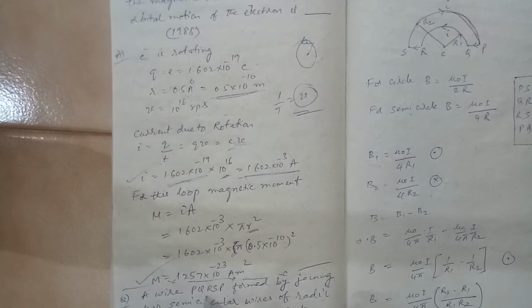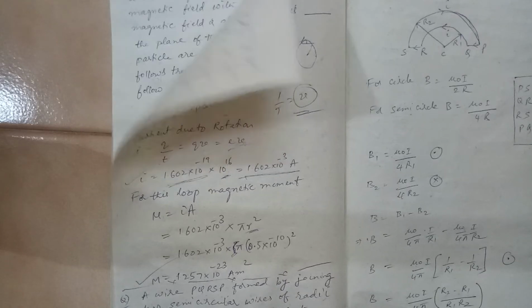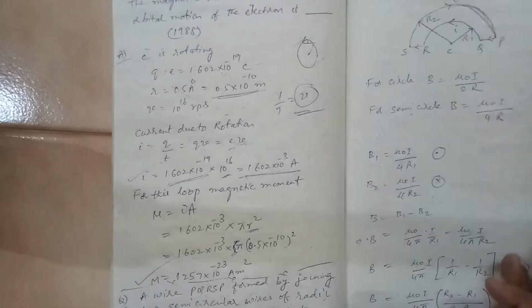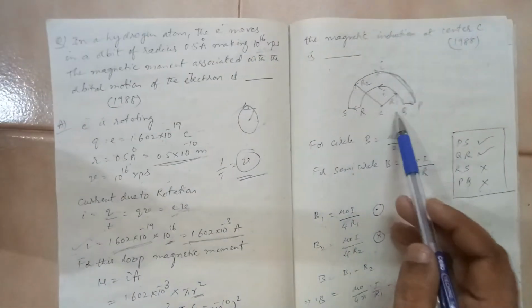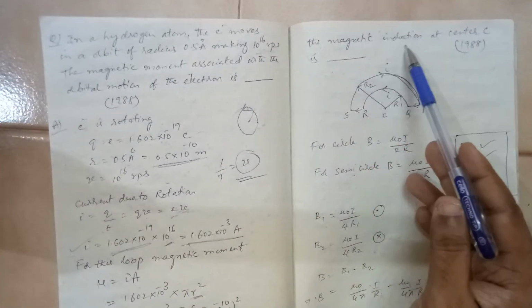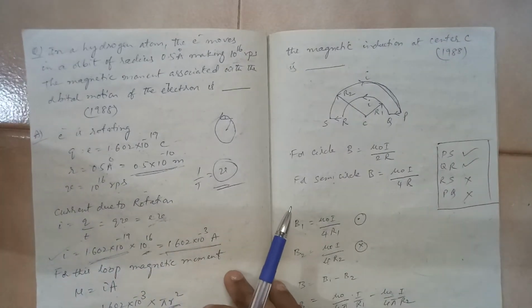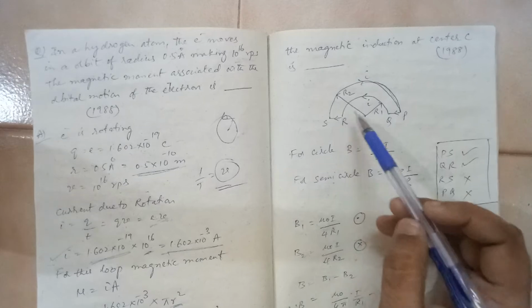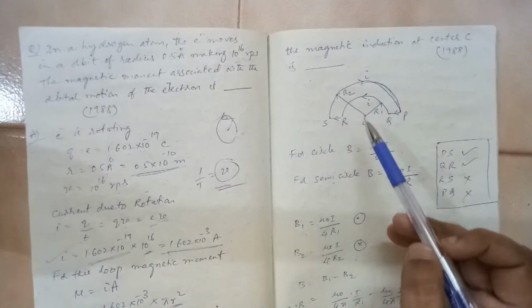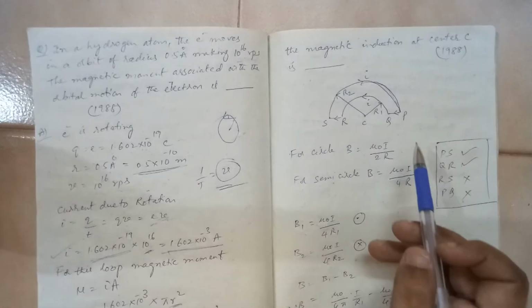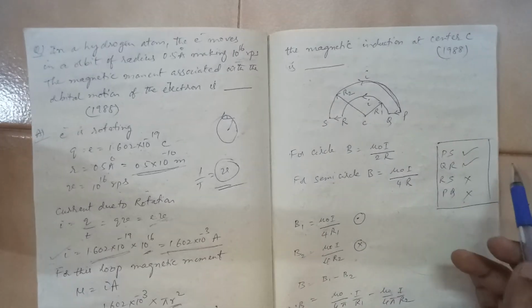A wire PQRST formed by joining two semicircular wires of radii R1 and R2 carries a current I as shown in the figure. This is the figure. The magnitude of the magnetic induction at the center. So this type of question often comes in the exams. So here, we have calculated the magnetic induction due to a circular loop of current carrying wire.